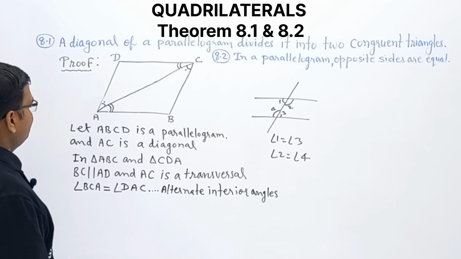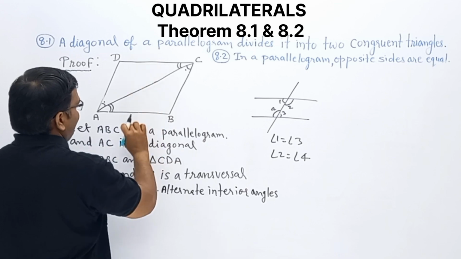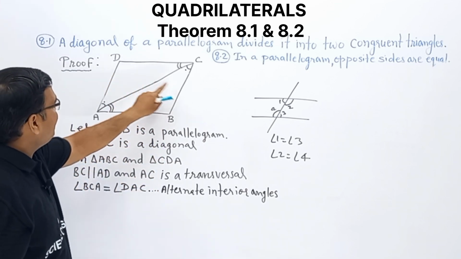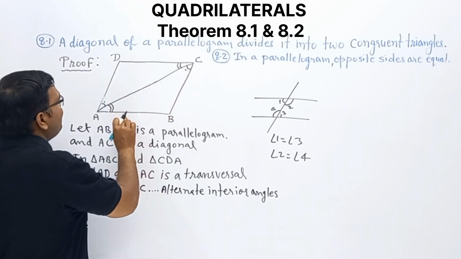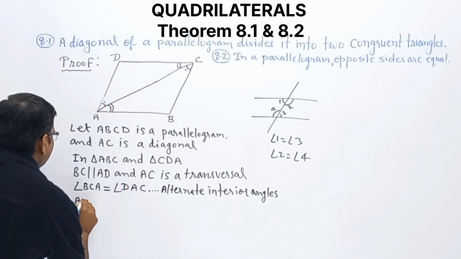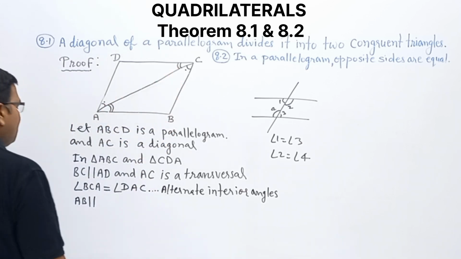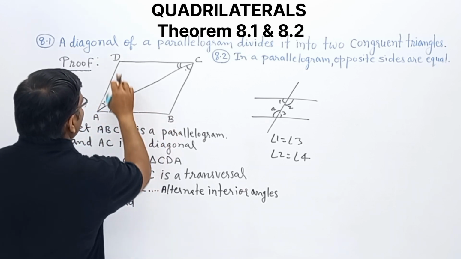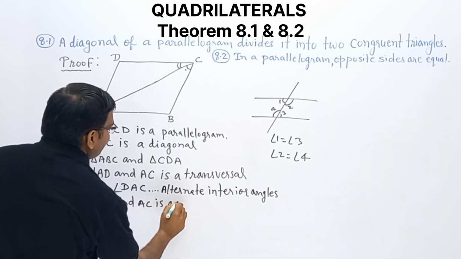Now next, let us talk about the other pair of parallel lines. Observe. First we considered BC and AD, both parallel, with AC as transversal. Now I am taking AB and CD, both are parallel. AB is parallel to DC and AC is a transversal.